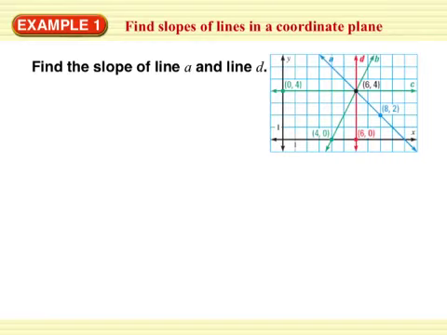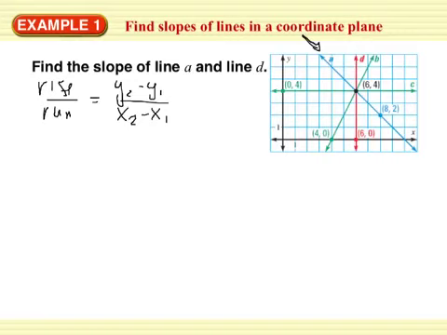All right, let's find the slope of line A and D. Line A is the blue one right here. Basically we just need to pick two points. I have rise over run, or change in y over change in x.